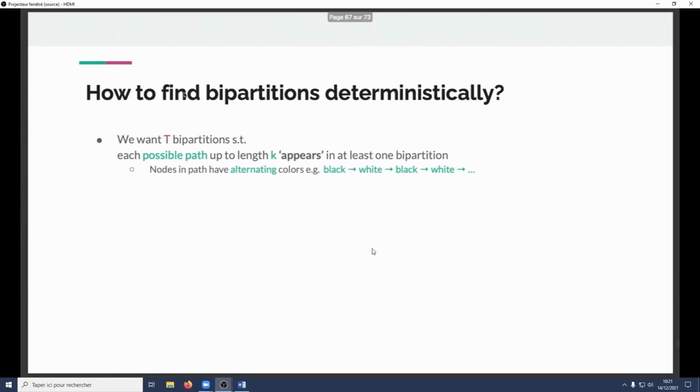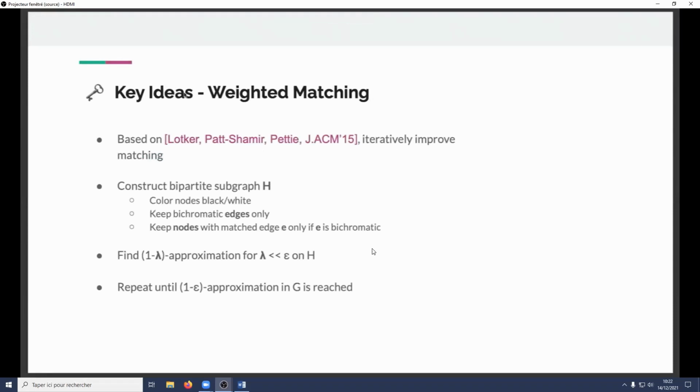Right, and we can show by a probabilistic method that for T equals 2 to the power of k times log n, we have all such paths up to some length k covered. And we choose k in the end like 1/epsilon to achieve the desired approximation.